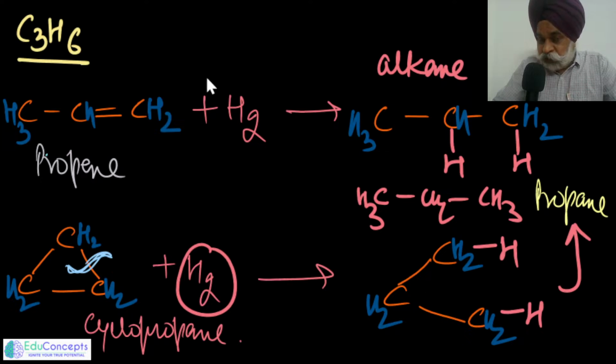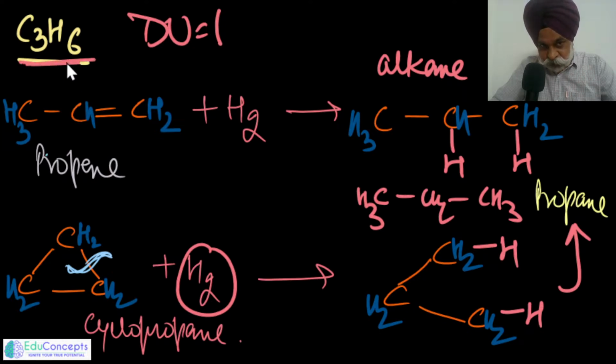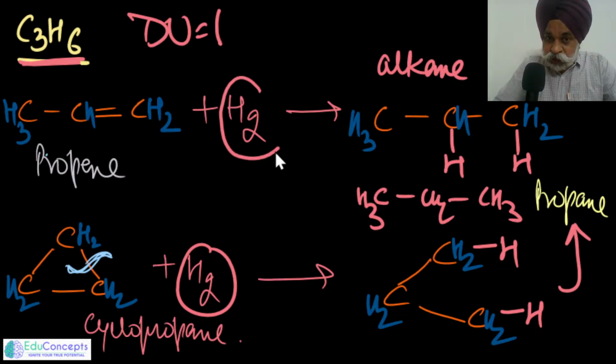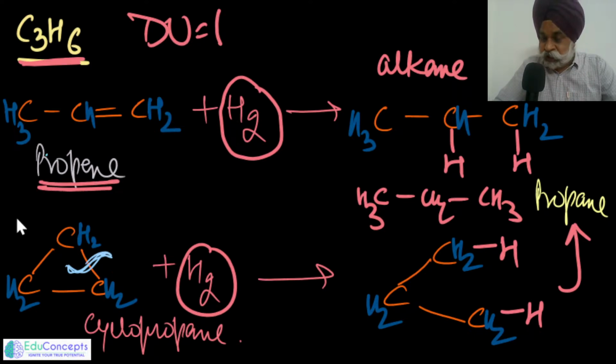So what do we mean by degree of unsaturation? So here comes the interesting point. The degree of unsaturation for this particular compound, I will say 1. What does it mean? Because I added 1 molecule of hydrogen to this compound, that is propene, it turned into an alkane. And an alkane is the entity in which more hydrogen cannot be added. This is the maximum hydrogenated compound.